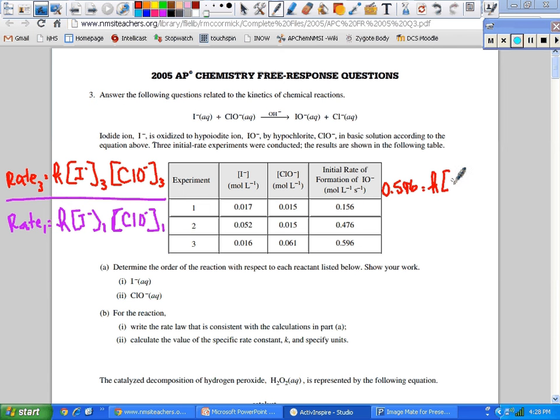This is 0.061 raised to the y. That's 0.596. All divided by 0.156 equals K times 0.017 to the x. Again, I'm getting every bit of this off the table.